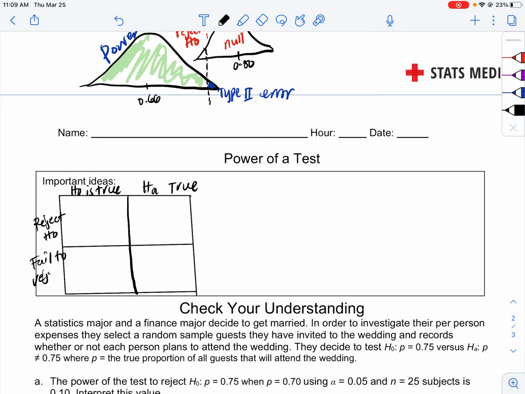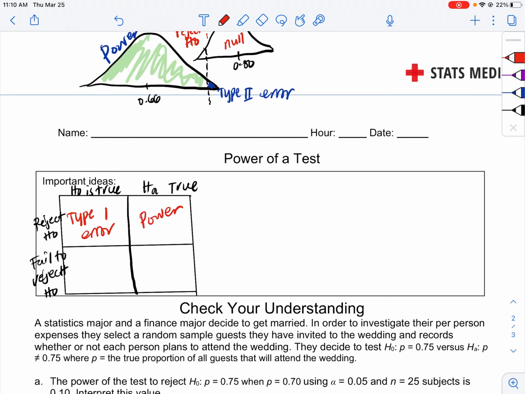Fail to reject H0. So if H0 is true and we rejected H0, okay, hold on. Okay, H0 is true but we rejected H0. This is type 1 error.